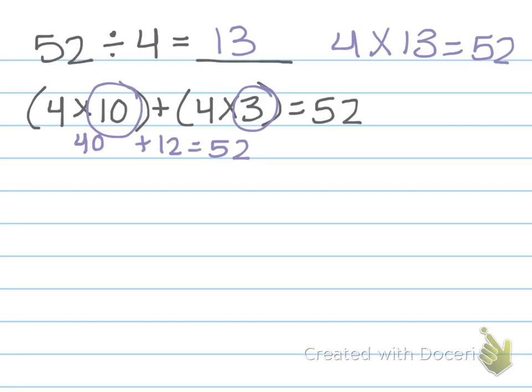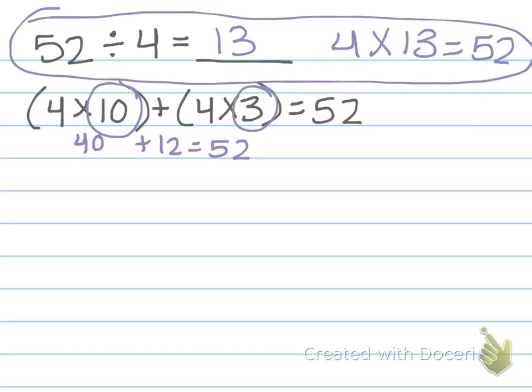So when I'm writing these equations, I expect to have a division sentence and a multiplication sentence to show the relationship and the inverse operations. Noticing how I can divide 52 by 4 and get 13, and then I'm undoing that by multiplying 4 times 13 to get back to 52.